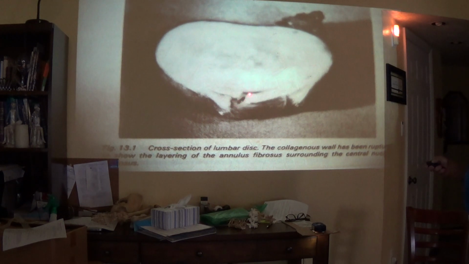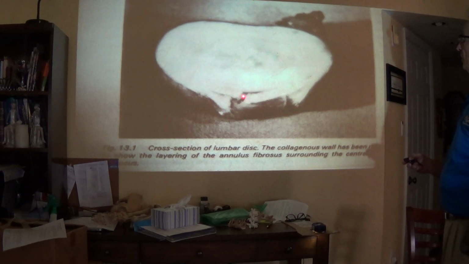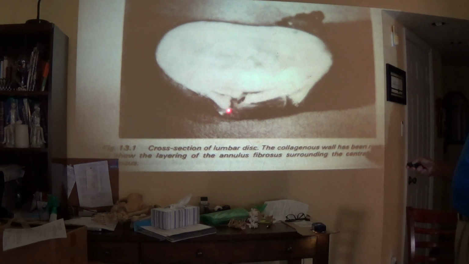When these fissures in the rings in this direction start communicating with fissures in the rings in this direction, then you get movement of nuclear material out from the inside of the disc and out into a herniation bulging type situation. So these are called circumferential fissures, and when the circumferential fissures communicate with the radial fissures, you have herniation.